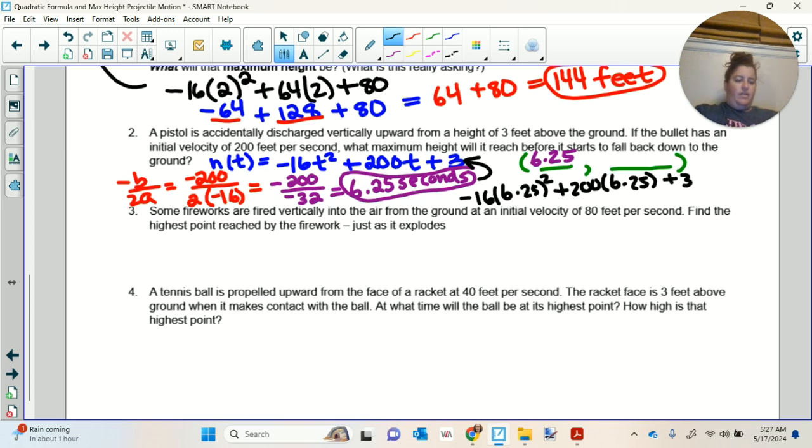And you could very well type that whole thing into your calculator in one go, but I'm going to do it a piece at a time here. 6.25 squared is a little over 39 if you did that in your calculator. And when you multiply that then times negative 16, you actually get a negative 625.